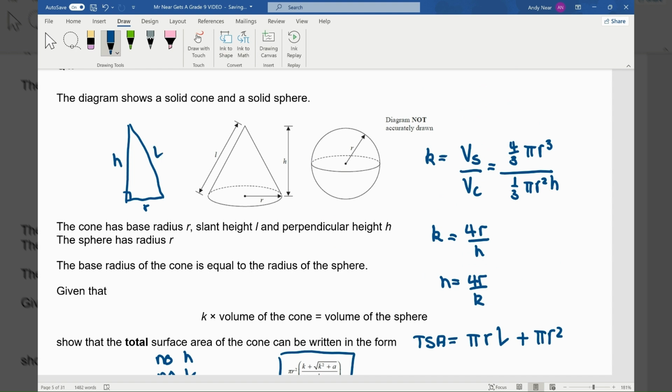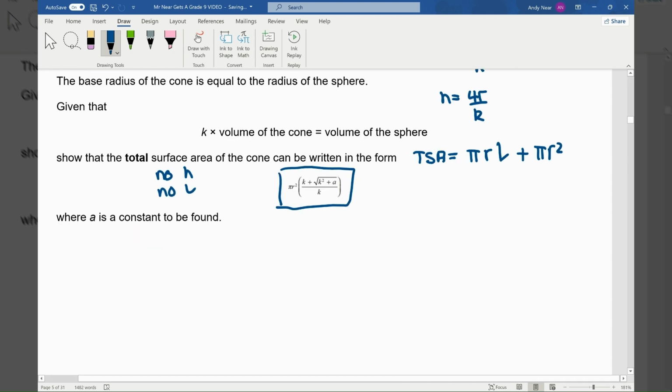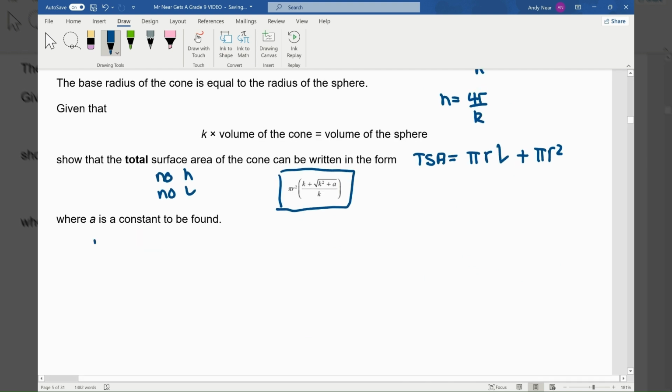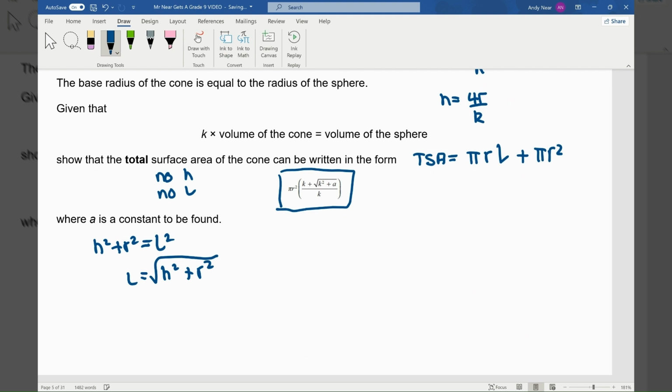So, these are linked by Pythagoras' theorem. So h squared plus r squared is equal to l squared. So l is going to be equal to h squared plus r squared square rooted.